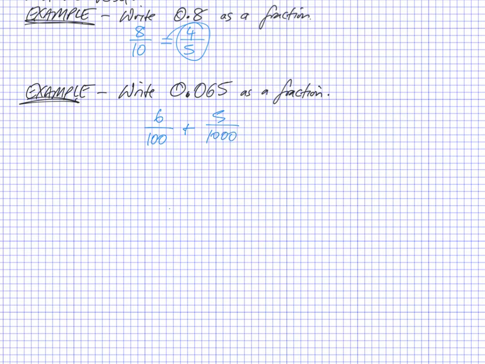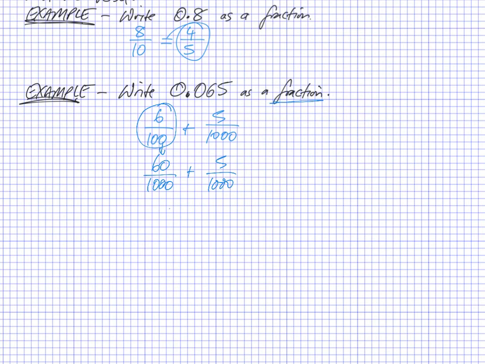Now you need to remember that the hundredths are 10 times the size of the thousandths. So if I've got 6 hundredths, that actually means that I've got 60 thousandths in that. Okay? Plus 5 thousandths.